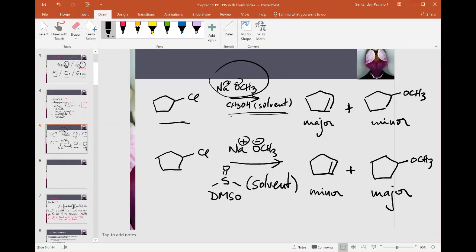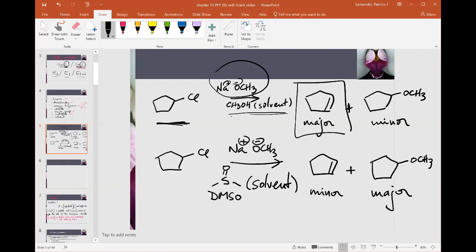Well, you know that methanol, because it has an OH, it can form hydrogen bonding, right? So it has very, very well-known characteristics. Well, when you perform the reaction of chlorocyclopentane with sodium methoxide in methanol, the products that you will get will be cyclopentene.